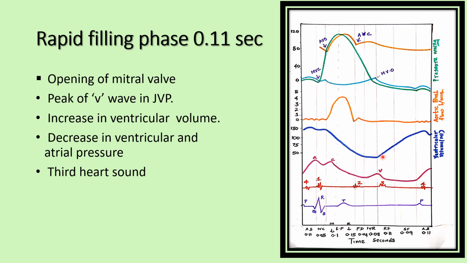The ventricular volume increases due to the filling of the ventricle, but the ventricular pressure and the atrial pressure decrease. In the phonocardiogram, the third heart sound is heard due to the flowing of blood into the ventricle. That vibration produces the third heart sound in the phonocardiogram.